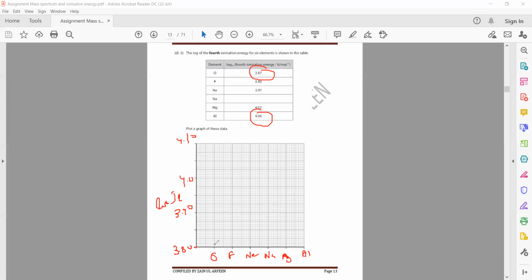Because there are 20 boxes, 2 boxes are equal to 0.01. So when we plot these results, what pattern will we have? It will be an approximately straight line.